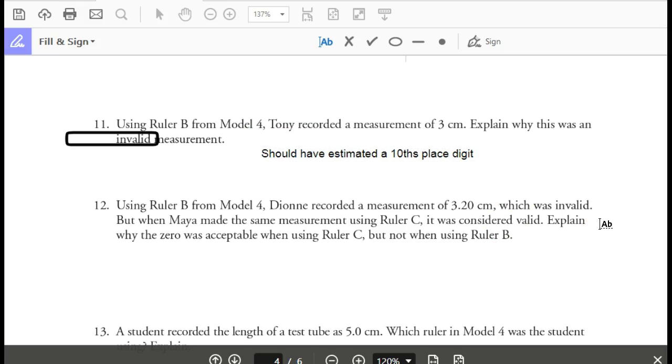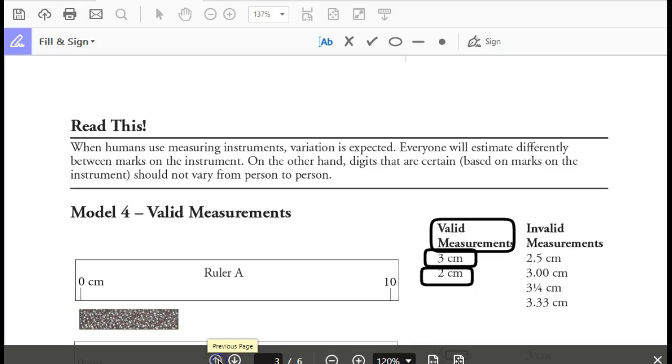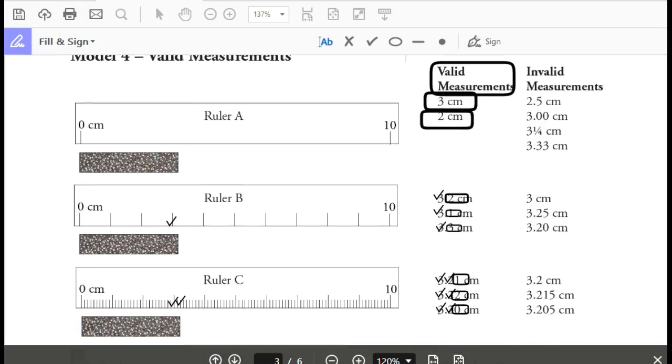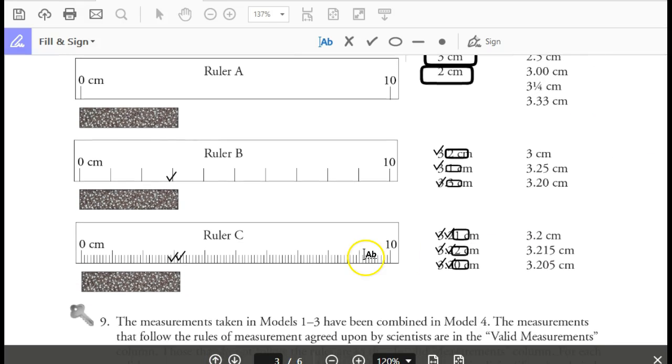Using ruler B from model 4, Deanne recorded 3.2 centimeters, which is invalid. But when Maya made the same measurement using ruler C, it's considered valid. Explain why the 0 was acceptable when using ruler C, but not when using ruler B. So in ruler C, it's because of the markings.